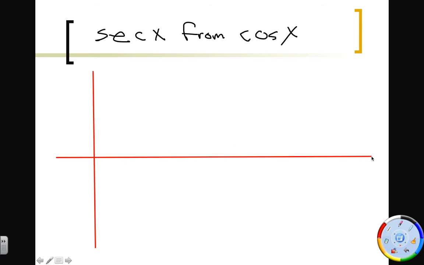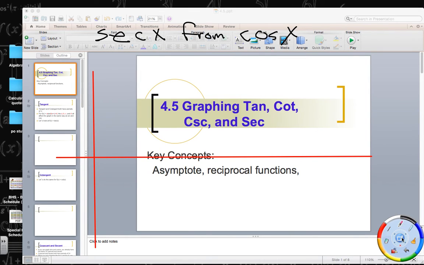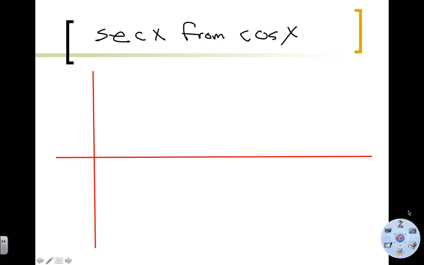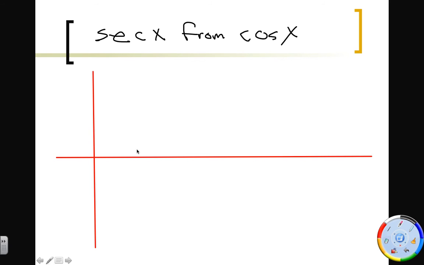If I do the same thing here, I'm going to first make it so that stuff works. Okay, I'm going to go out to 2 pi. I'm going to be there at pi. There's my pi halves. There's another pi half. And here is 3 pi.